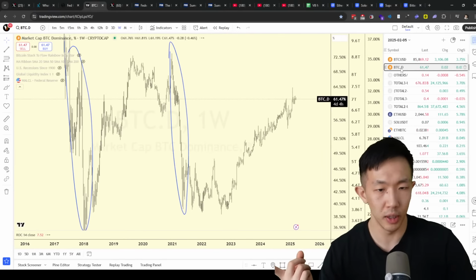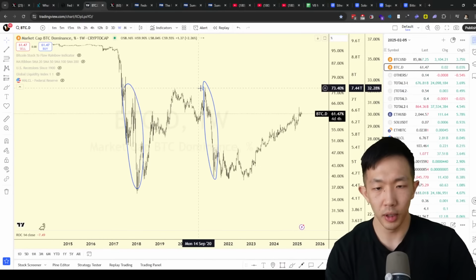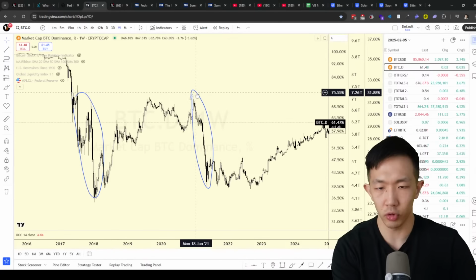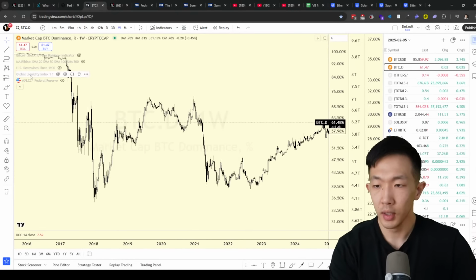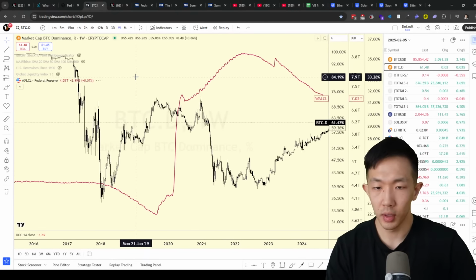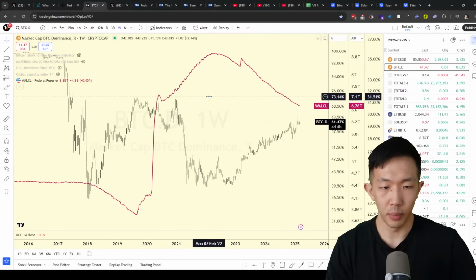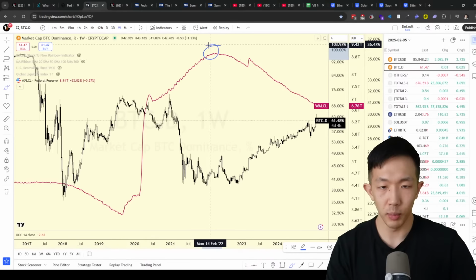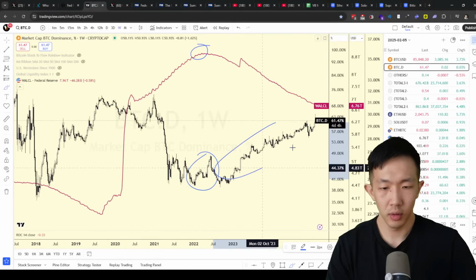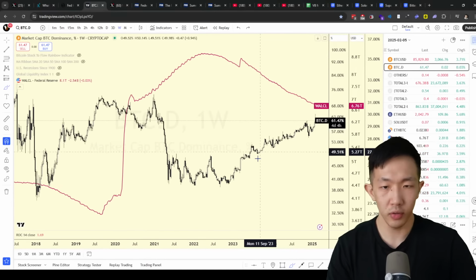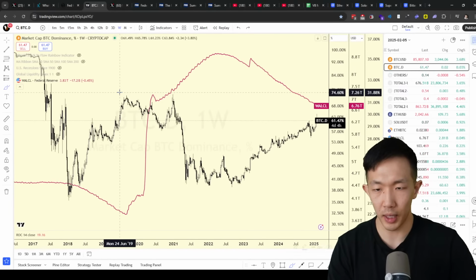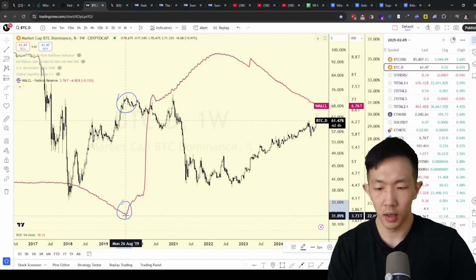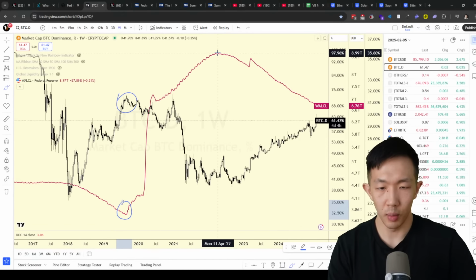Number one, Bitcoin dominance. So you look at Bitcoin dominance, look at the last 2 bull markets. I have them circled out right here. And you can compare that with the Federal Reserve balance sheet. And you see when the Fed made the pivot, this was the bear market for altcoins. And when the Fed made the pivot back here, this was the bull run for altcoins from August 2019 to April 2022.